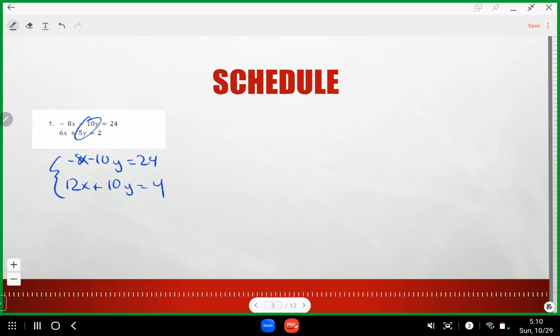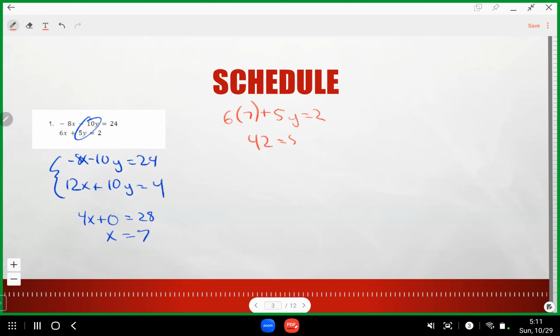Let's add equation 1 and equation 2. We get 4x plus 0 is equal to 28, so x is equal to 7. To find y, plug this in: 6 times 7 plus 5y is equal to 2.